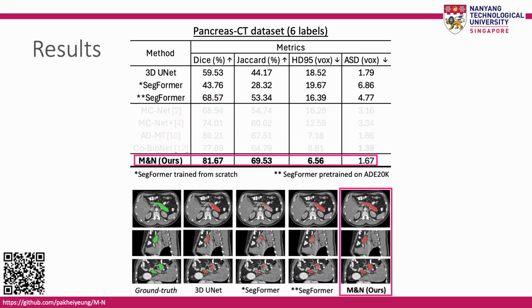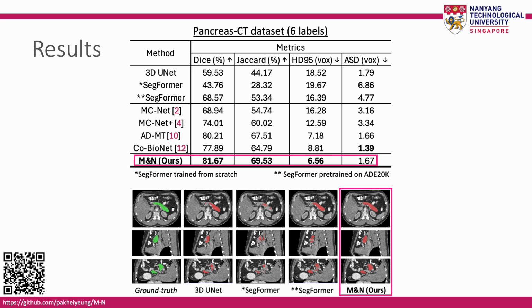And our proposed M&N pushes this limit from Dice scores of 68% to 81%, using the same amount of labeled medical training images together with unlabeled data. And qualitatively, you can also see an obvious improvement brought by our proposed M&N. Compared to other existing semi-supervised segmentation methods, M&N outperforms all of them.